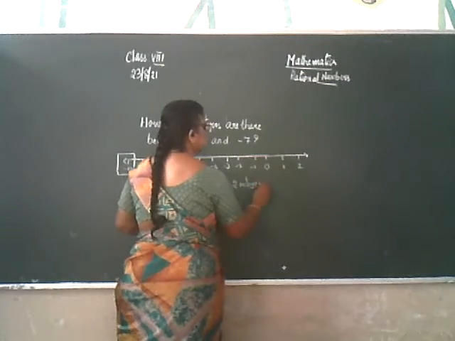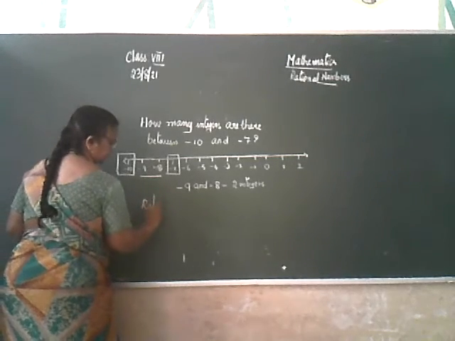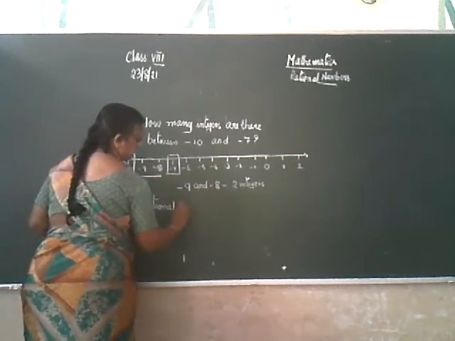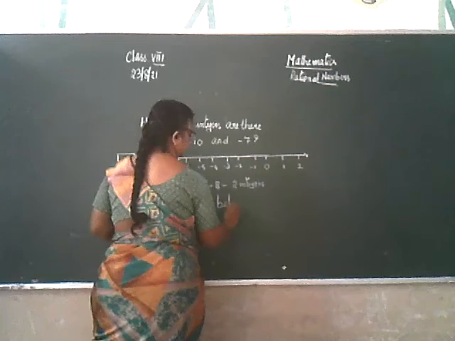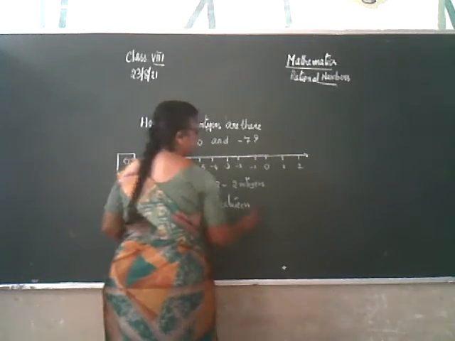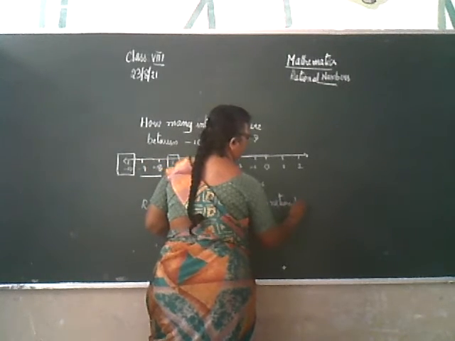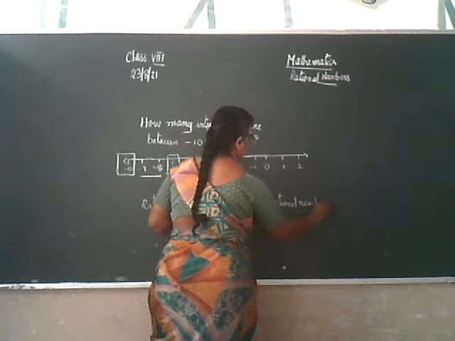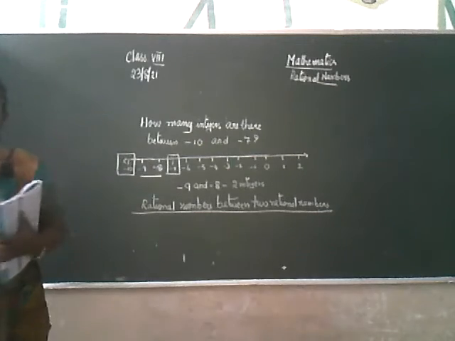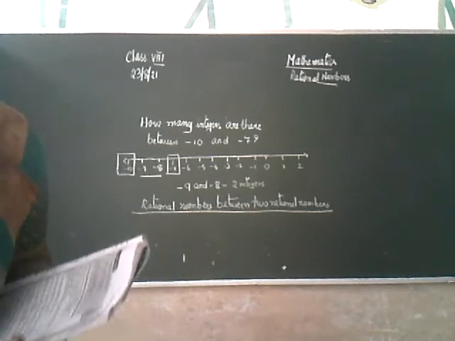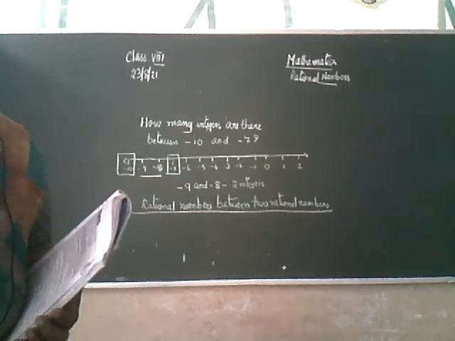Similarly, if I want to find out rational numbers between two rational numbers, when any two rational numbers are given, how will you find the rational numbers between those two rational numbers?